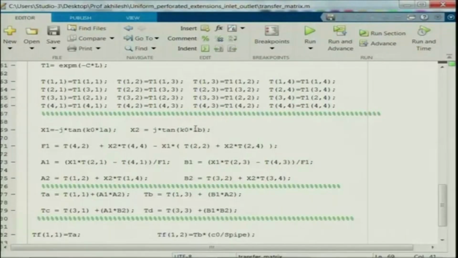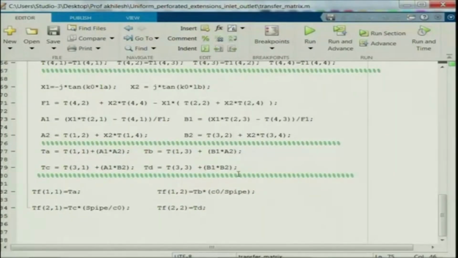So, when LA and LB are both 0, x1 and x2 are 0, and as a result all these terms will go away, and the resulting expression will be a much more simplified expression, and we will get a concentric tube resonator without extensions as the case that we are about to discuss.